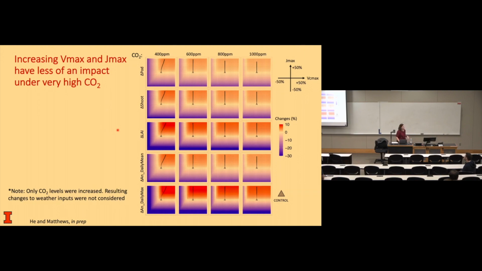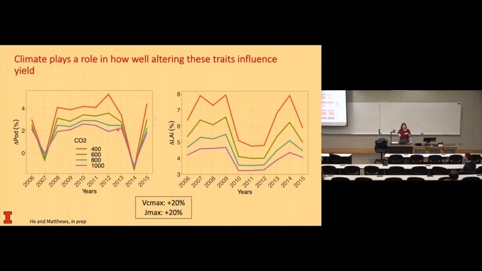Okay. These plots that I just showed are the average of about 10 years of climate data from central Illinois. But the intra-annual variation has some surprising results for how well altering these photosynthetic parameters increased the yield.